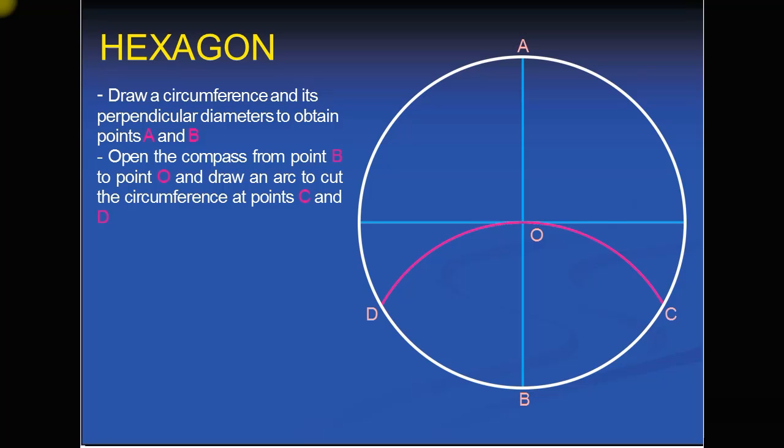First of all, draw the circumference and its perpendicular diameter to obtain the points A and B. Open the compass from point B to O and draw an arc to cut the circumference at points C and D. Open the compass about OB and draw this arc. This arc cuts the circle at points D and C.